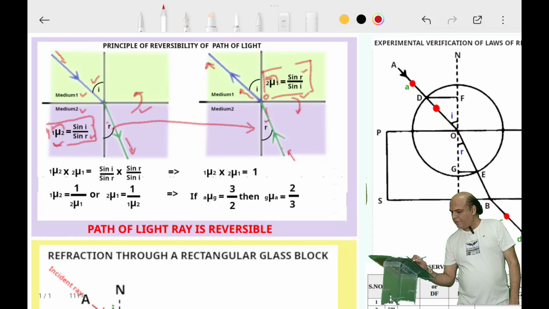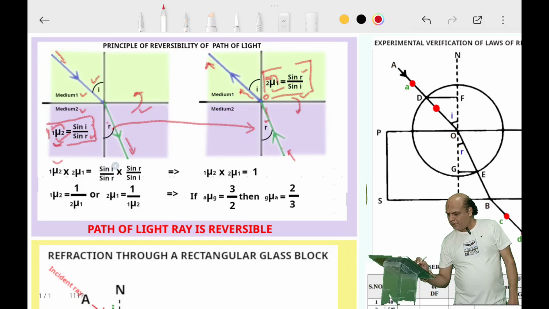Now, what if we multiply this refractive index and this refractive index? 1 mu 2 is sin I by sin R, and 2 mu 1 is sin R by sin I. If you simplify this, sin I gets cancelled, sin R gets cancelled.